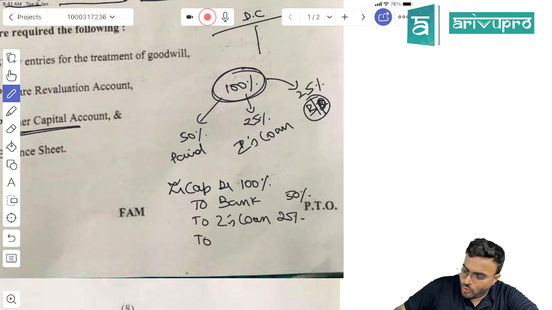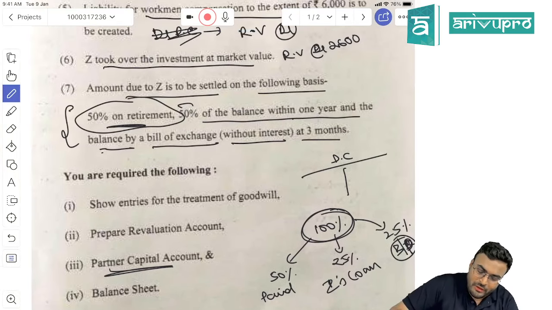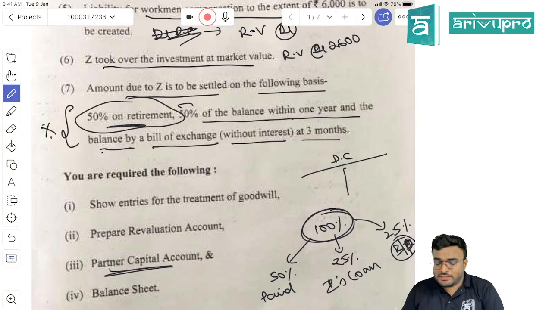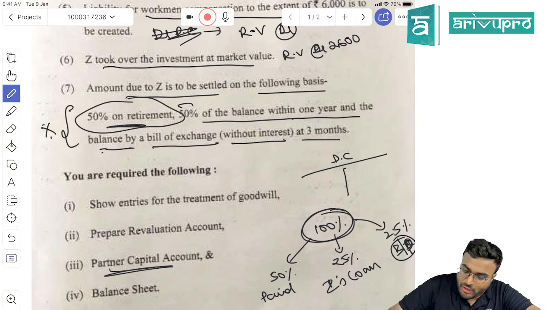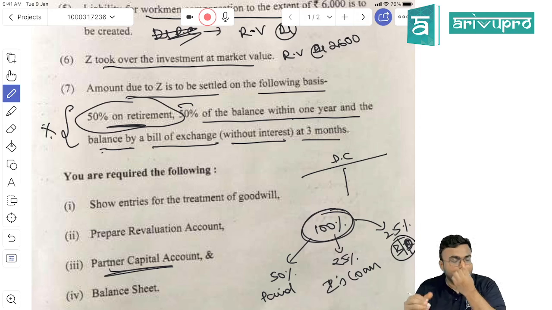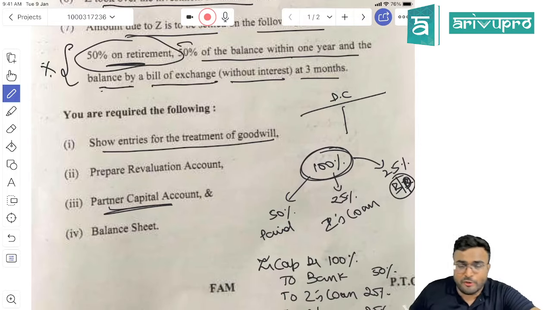And then to bills payable 25%. This is something a little tricky, but it is manageable. What did they tell? 50% on retirement, 50% of the balance will be paid within 1 year, and the remaining will be bill of exchange without interest at 3 months. So what you're supposed to do, show entries for the treatment of goodwill.